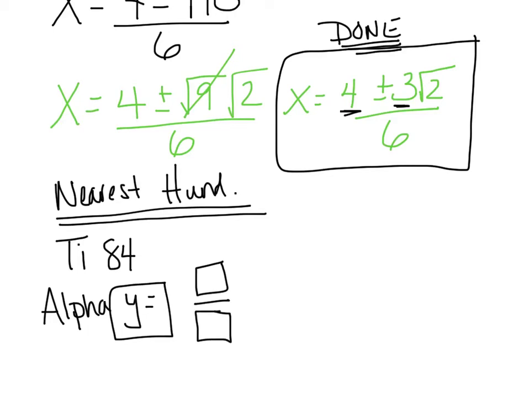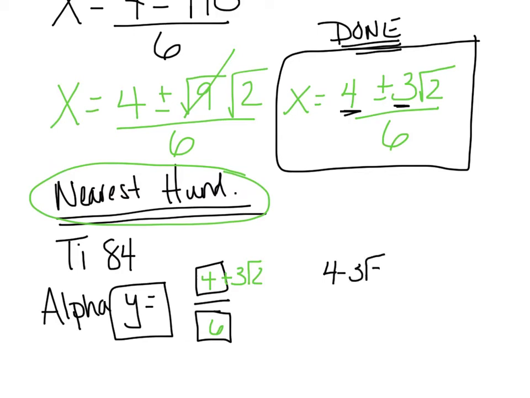You have the advantage because you can literally type this in and get the number. You're going to go 4 plus 3 radical 2, arrow down, and hit divided by 6. When you do that, I want you to write your decimal to the nearest 100th. You have to do it twice then because now you'll have to type in the 4 minus 3 radical 2 all over 6. So those of you with the updated calculator, you're lucky. You've got this nice tool.